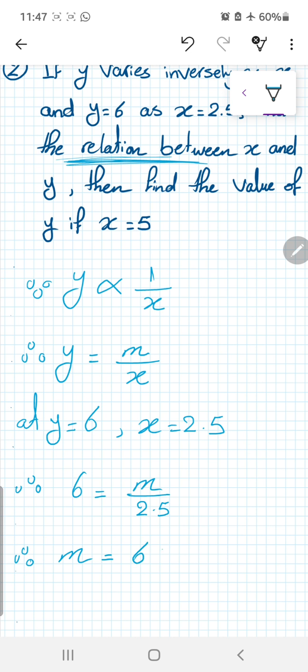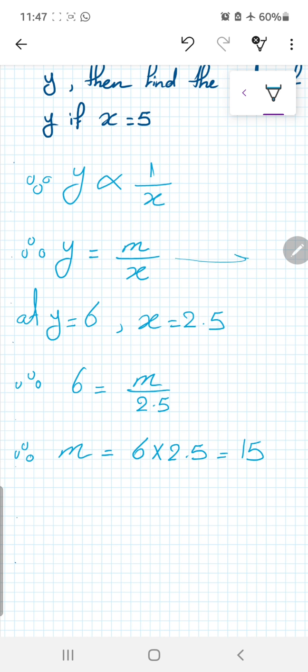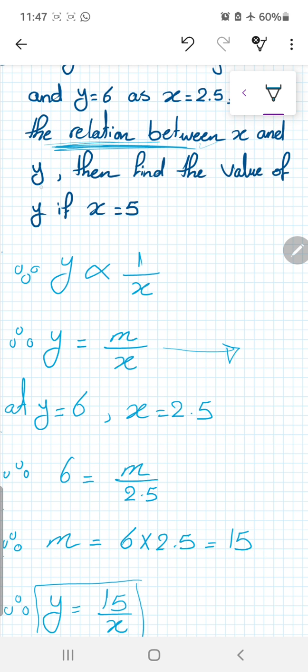So m equals 6 multiplied by 2.5, which is 15. Okay, substitution in the relation. So we get the relation y equals 15 over x. Okay, here is the relation between x and y.